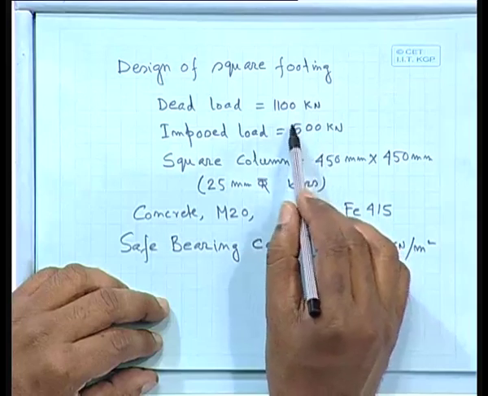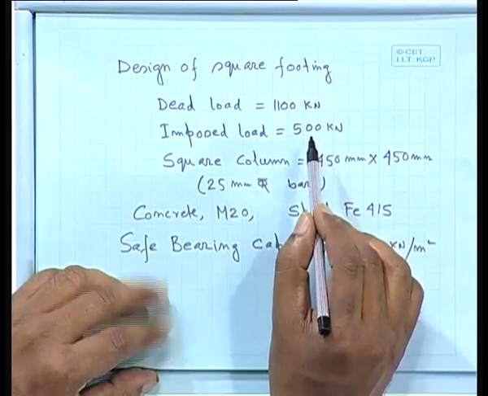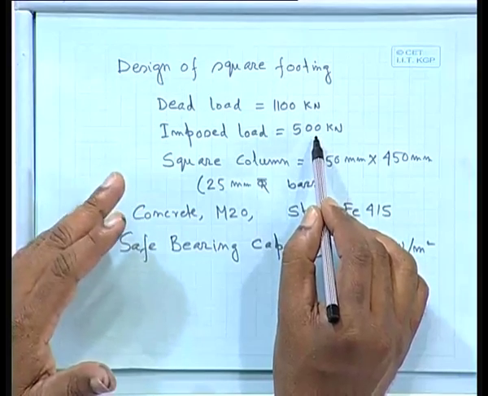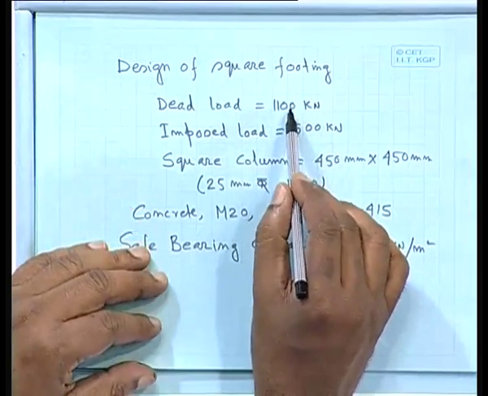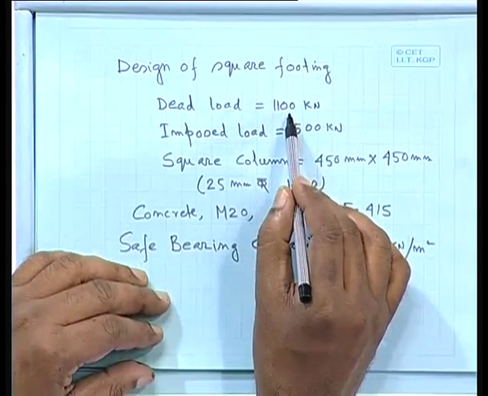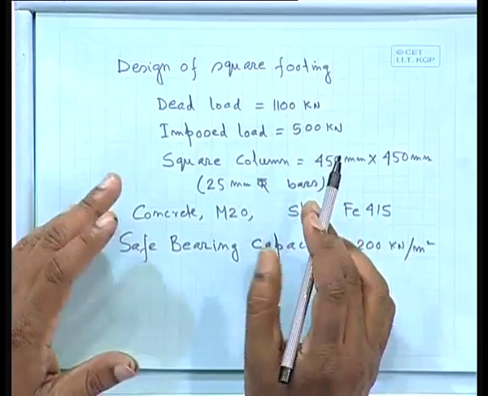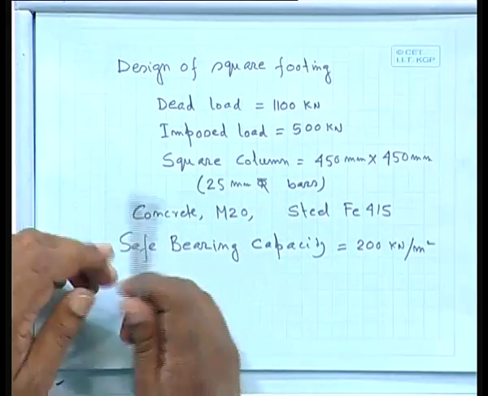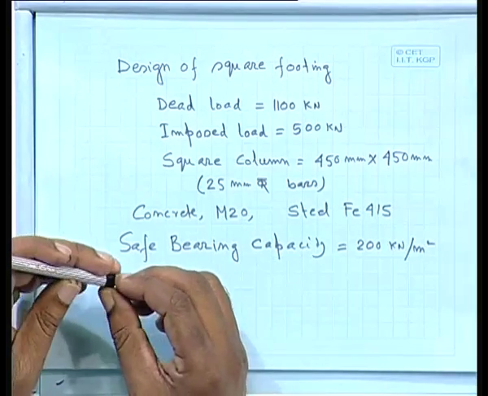We have to support this load, say 500 kilonewton, which is the main part of any structure you are going to construct. The overhead here is coming as 1100. For a structure, at least for bridges, this is an important part.